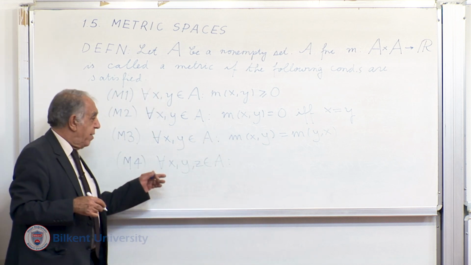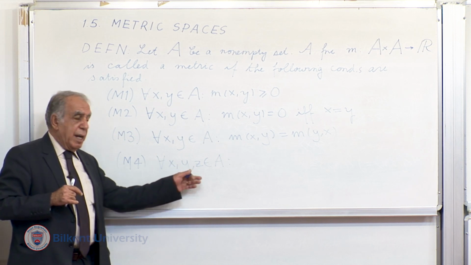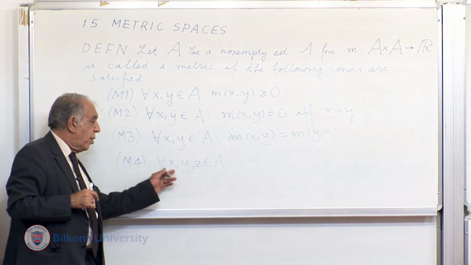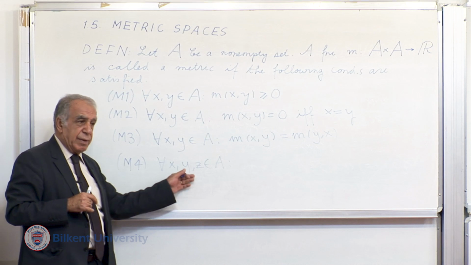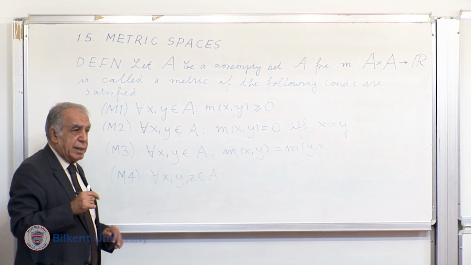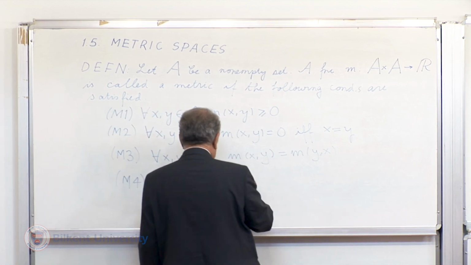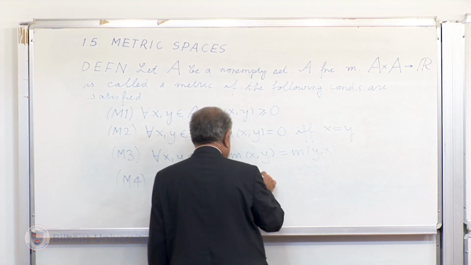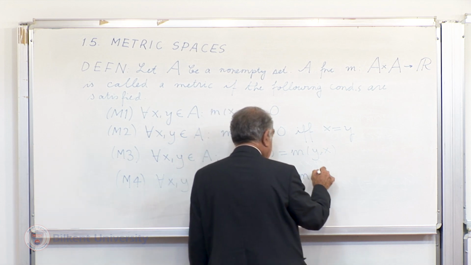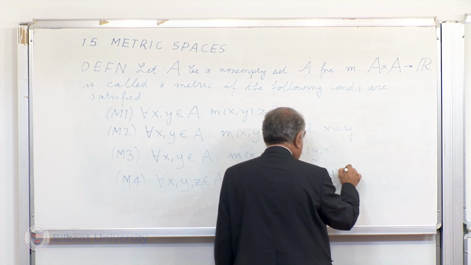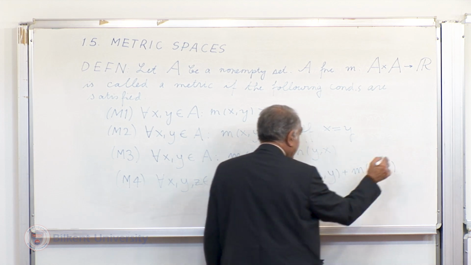I can find the generalized distance from x to z, but I can also go from x to z via y, first from x to y, then from y to z. The latter, that sum should be larger than or equal to the former. So M(x,z) is supposed to be less than or equal to M(x,y) plus M(y,z).